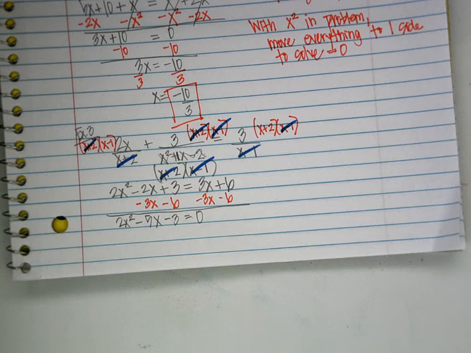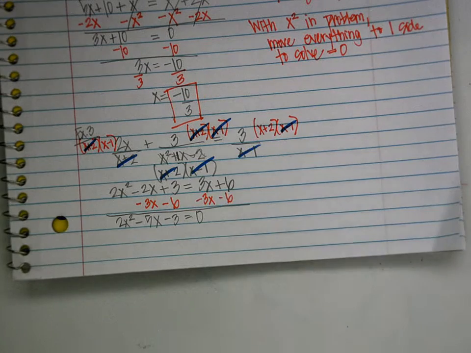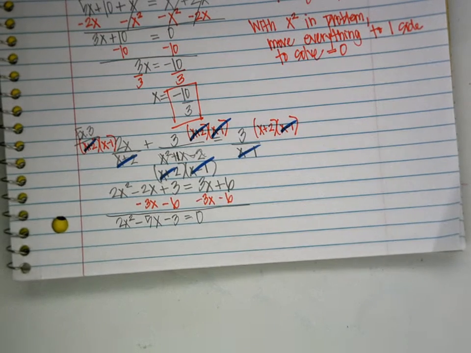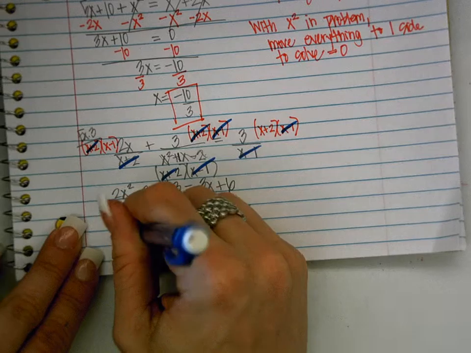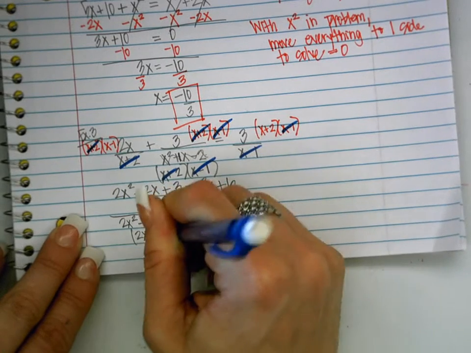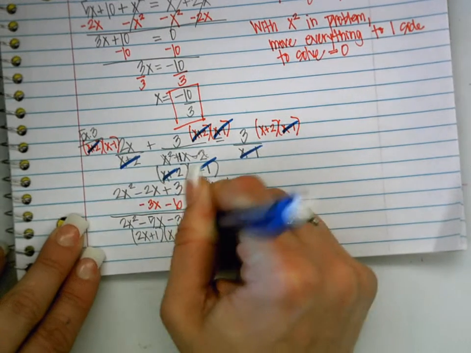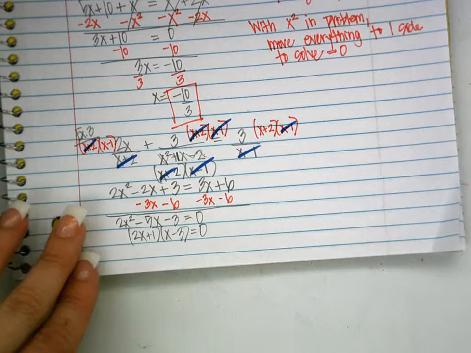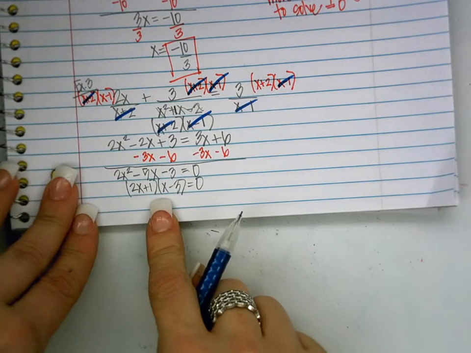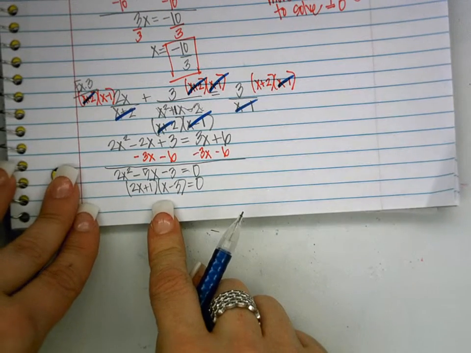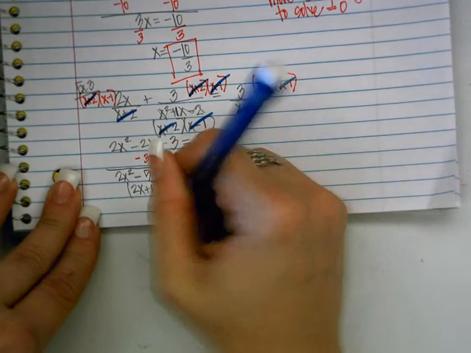Okay, anyone come up with how that factors yet? What do we got for factors? 2x plus 1 and x minus 3. Okay, those are right, however you came up with them. So if you did over under or guess and check, then set each part equal to 0.